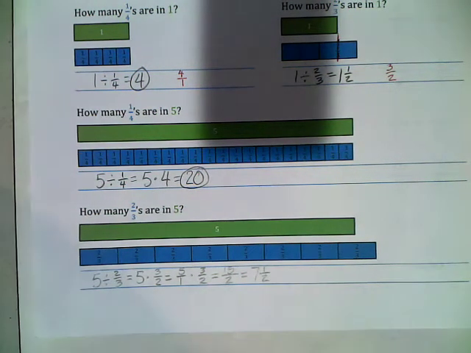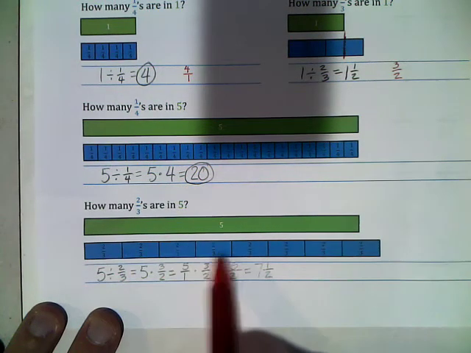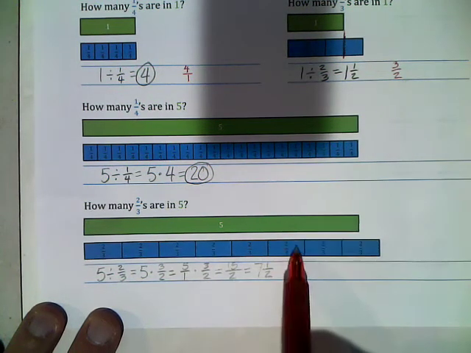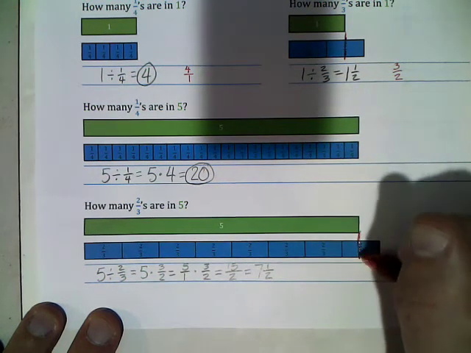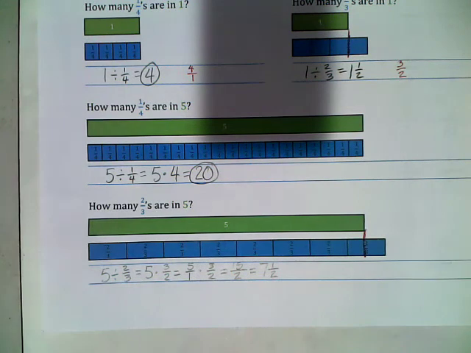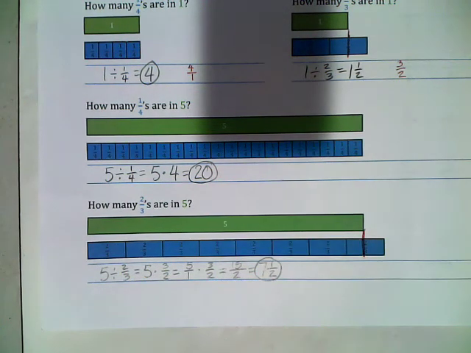So let's see if this actually works out. We've got 1, 2, 3, 4, 5, 6, 7, and then half of that guy. So sure enough, it does come out as 7 1/2 of the 2/3.